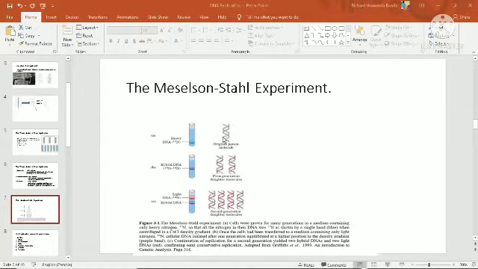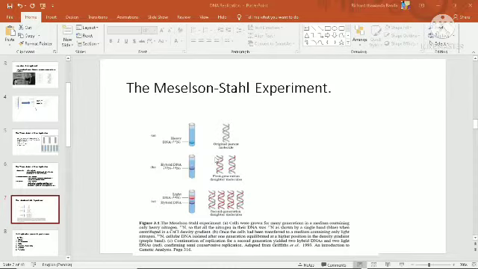So when the cells of E. coli were grown in this N15 media, and then they did the DNA extraction and analyzed it and put it in the centrifuge, what they found is that instead of being at the bottom where N15 is supposed to be, or at the top where N14 is supposed to be, it was somewhere in between the two levels.